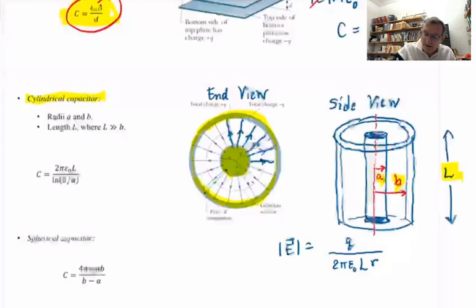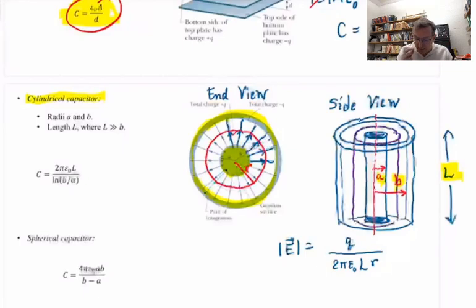Little r is the distance out to where the Gaussian surface is, which is shaped like a cylinder. Seen edge on, it's like that. R is its radius. Over here, it would look like this. It's got a radius r and a length L. That's what the electric field's like.